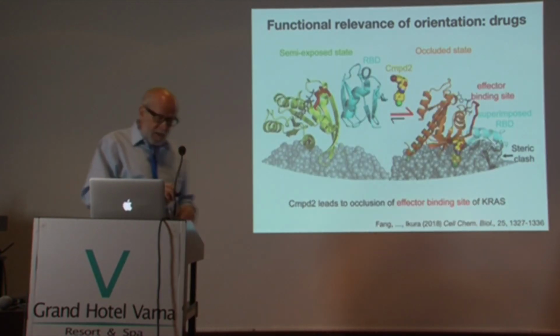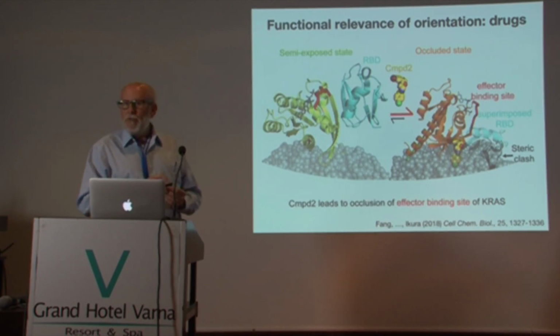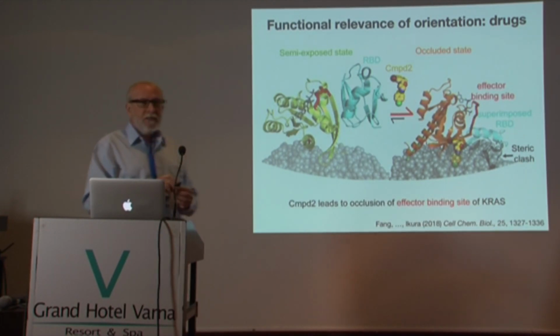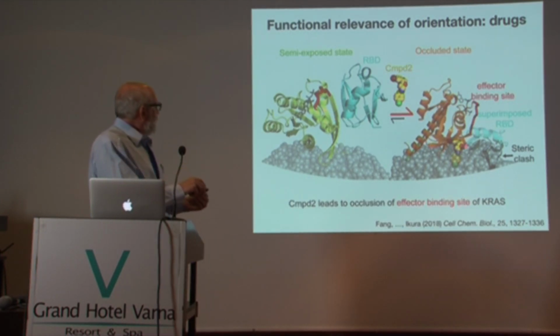You can actually have small molecules. This is a funny one because it's called compound 2. Don't ask me what compound 1 is. Compound 2 very much binds to RAS in this region over here, and this looks to some degree like cholesterol.